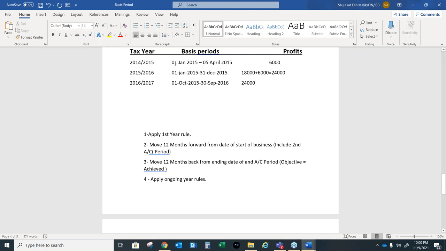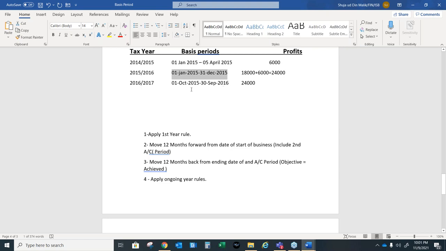I believe when we move from 1st January 15 till 5th April 2015, and in the second accounting period from 1st January 2015, January, February and March, they are overlapping.